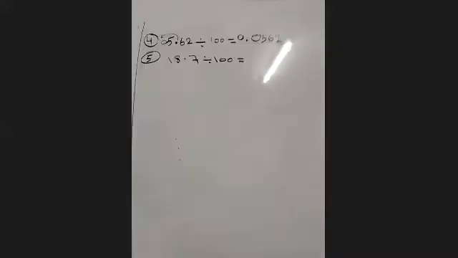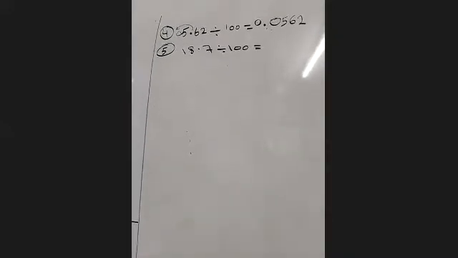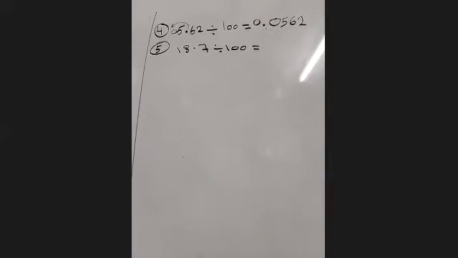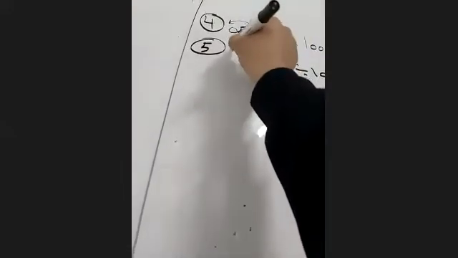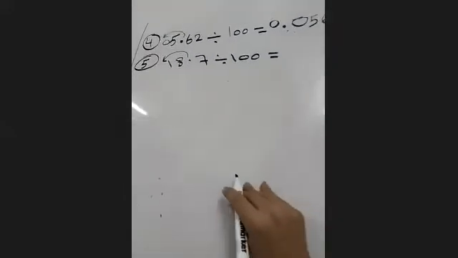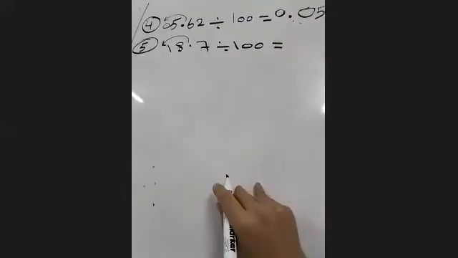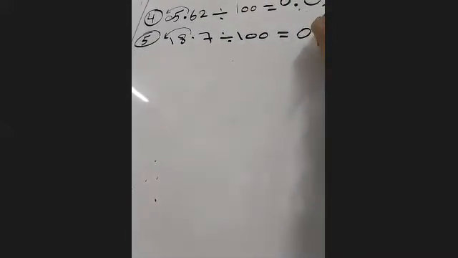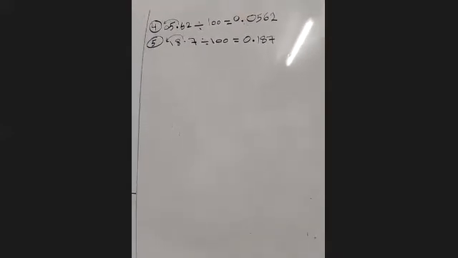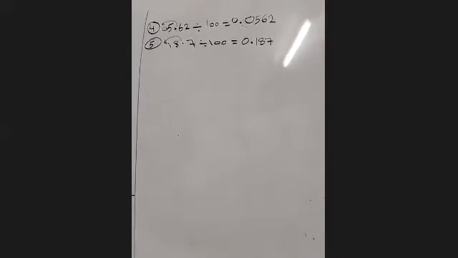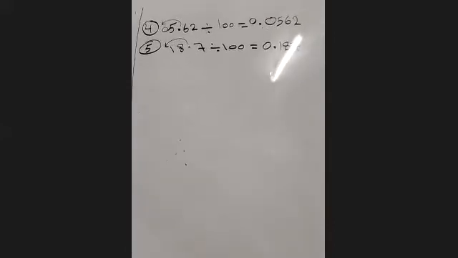Now, because we have 2 zeros, we will push the decimal to the left 2 digits. Good. What's the answer will be? 0.187. Excellent. Thank you. This is question 5, guys. Copy, please.